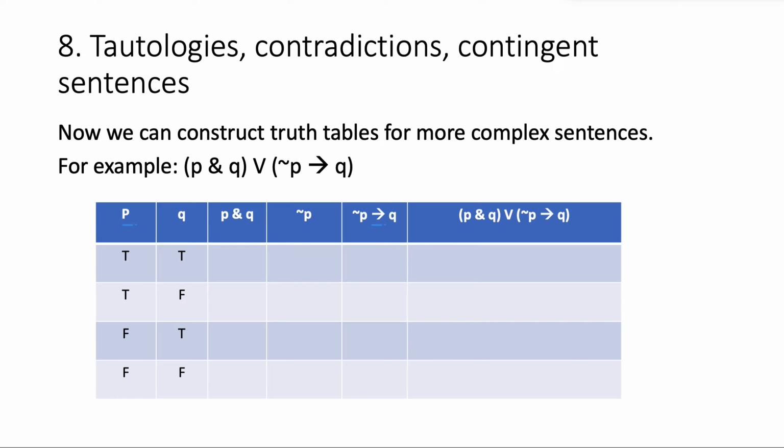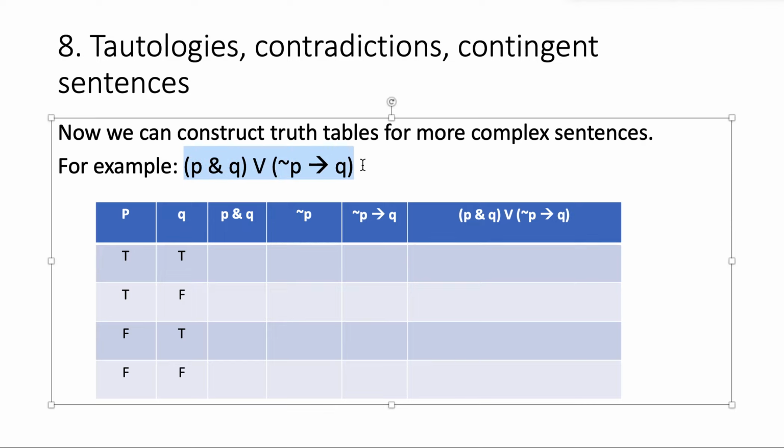Okay, so we're in a position now to construct truth tables for more complex sentences. Here's an example of a pretty complex sentence. The main logical operator is an or, and it's made up of a conjunction and a conditional sentence.